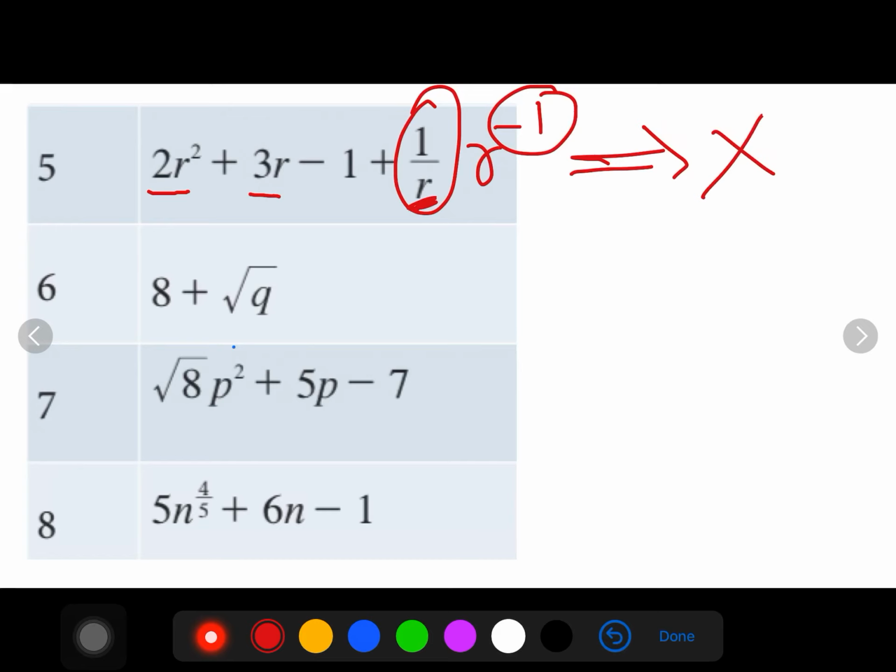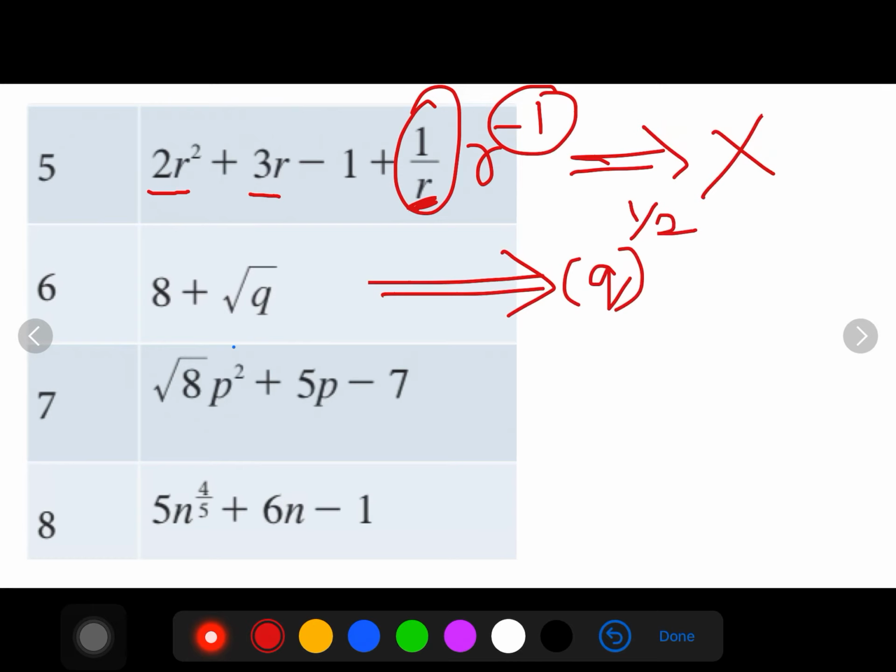Again, 8 plus root q. Root q can be written as q to the power of 1 by 2. So again the power is a fraction. It shouldn't be a fraction as well as a negative number. Therefore here it's not a polynomial. The power of a polynomial shouldn't be a fraction.